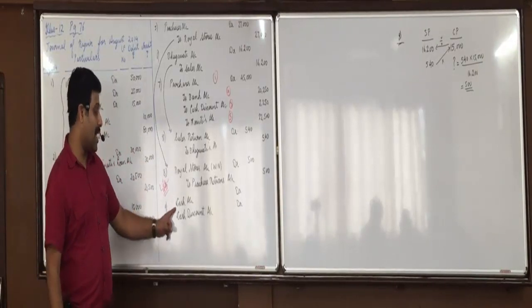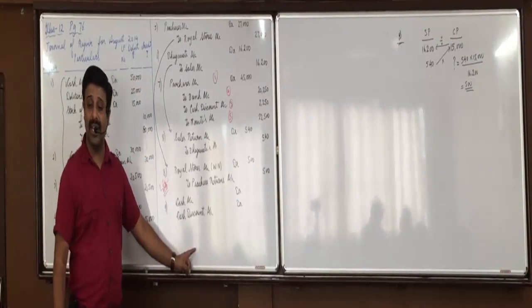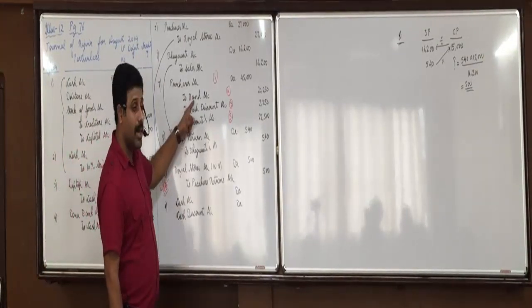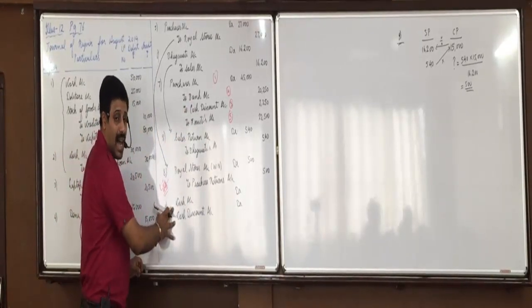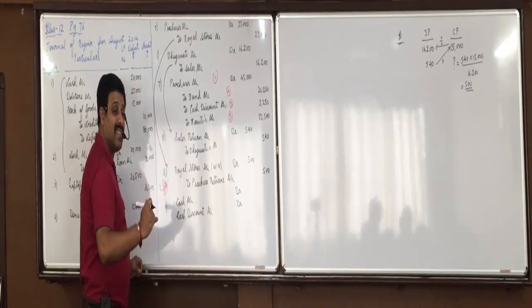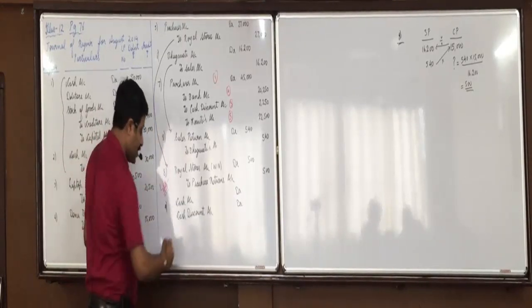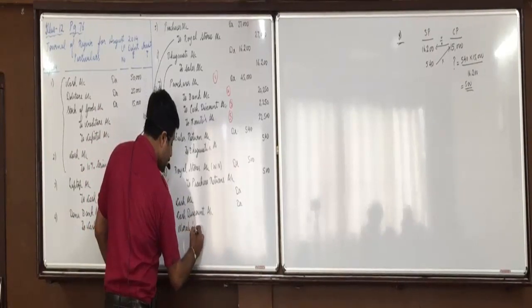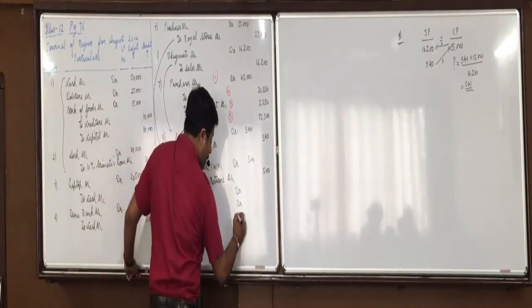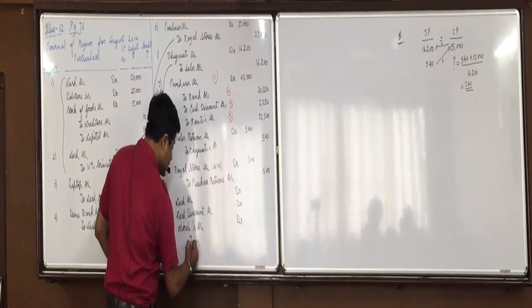Further, we have received only half amount. Remaining half we still have to receive from Nirali. So Nirali's account debit with the receivable amount, and to sales account.